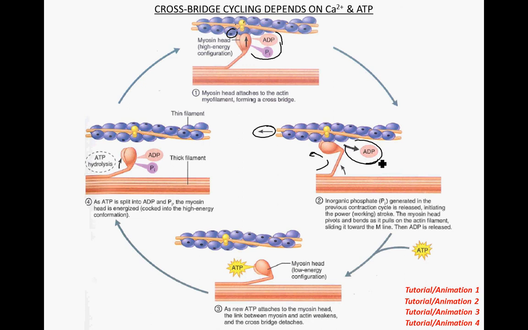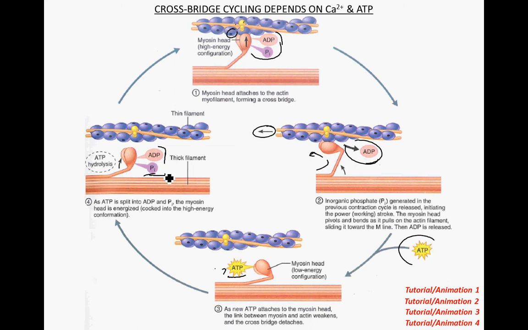Now that's going to free up a spot for a new ATP molecule here to come in and bind to the myosin head. When that new ATP binds to the myosin head, that drops the head, that breaks the cross bridge, and that ATP will be hydrolyzed or broken down to ADP and inorganic phosphate here, re-energizing the myosin head.